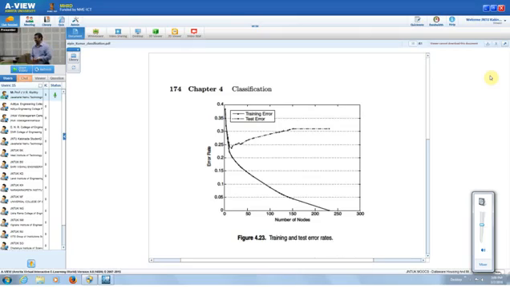Right. Oh, this worked. So this is now the training error coming to 0. So this portion of the error part is called the overfitting problem.